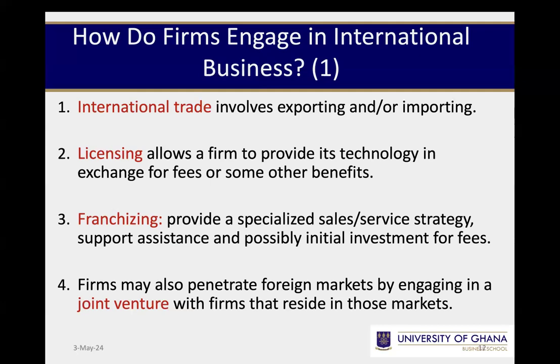So when you crisscross, you might find that, let's say, a McDonald's in China operates almost exactly as a McDonald's that you find in the US, and yet it may not necessarily be owned by McDonald's, but rather operates under a franchising agreement. And so in some cases, we refer to this as direct foreign investment.